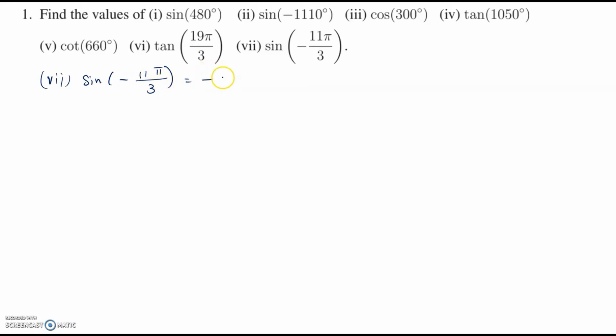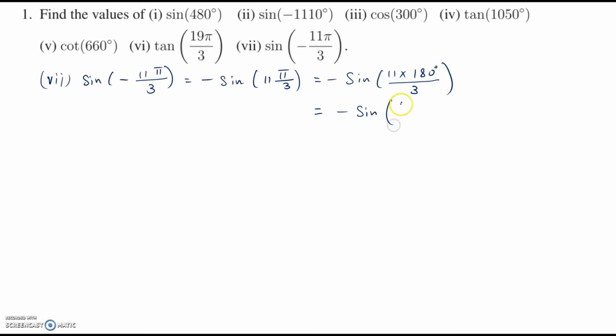So this will become minus sine 11 pi by 3, which is, replacing pi with 180 degrees, minus sine of 11 into 180 degrees divided by 3. Further simplifying, this will be minus sine, and we can rearrange our 180 as 360 divided by 2.